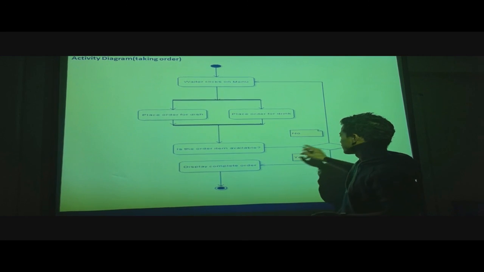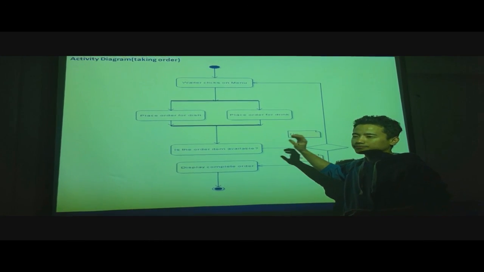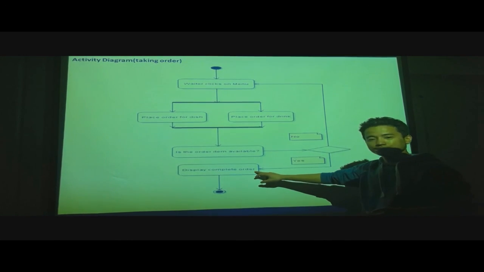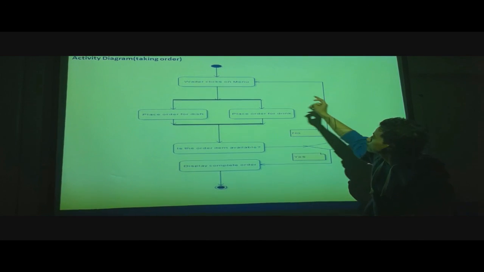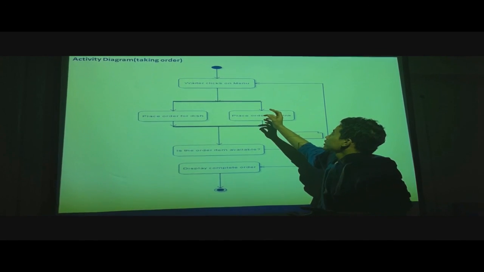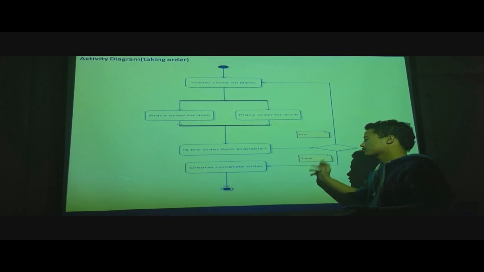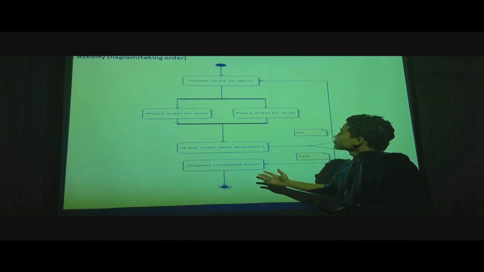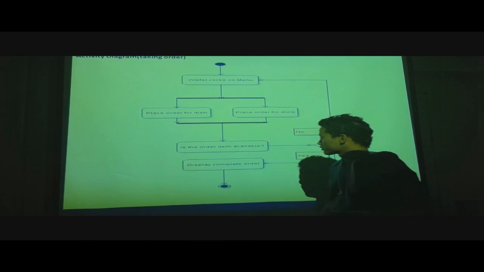If it's available, then it confirms that the items ordered by the customer is available. So it takes and displays the complete order. If the case is other way, then it takes back to the main menu. So the customer has to start over again, and again has to start from the main menu and start taking the orders again. So if it's yes, then the order is displayed, everything, the amount is displayed, and and basically the customer has to pay for the order they asked.